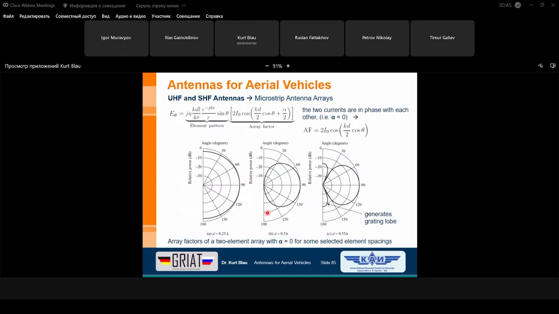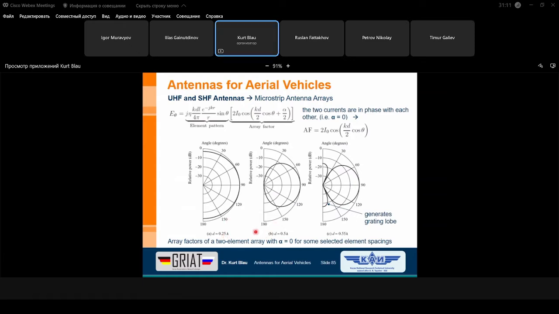And now we can see what happens if we look at the diagram. This is the distance between the two small dipoles, a distance of 0.25 lambda, or a quarter wavelength.